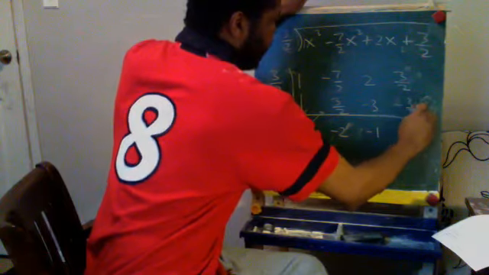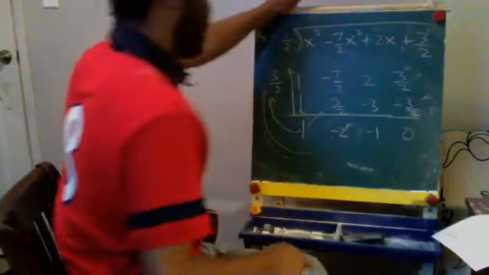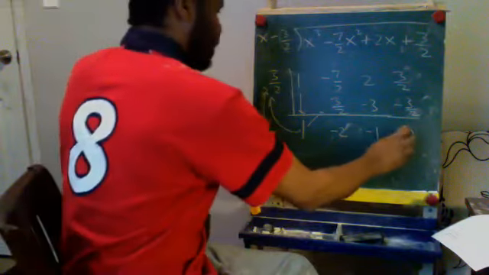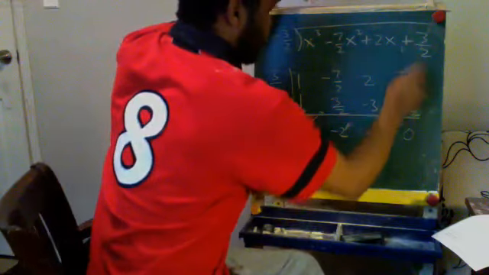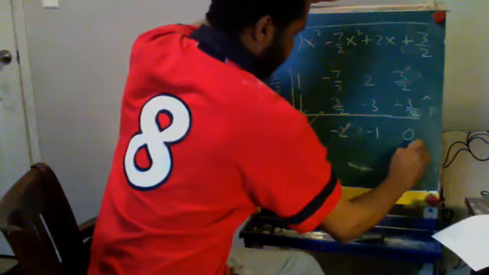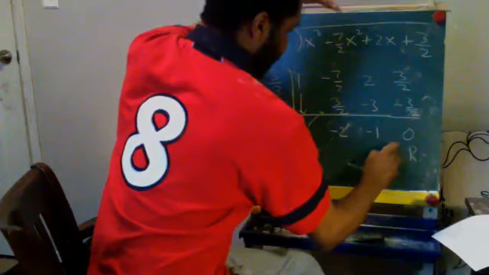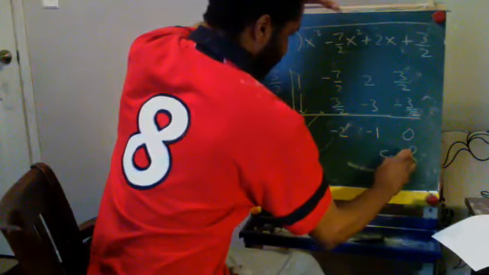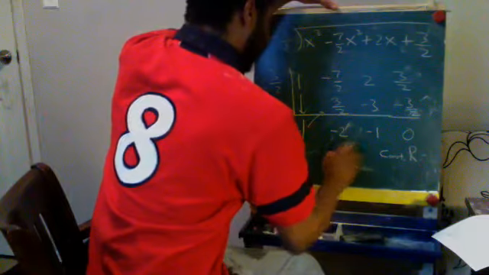So even though I'm working with fractions, my answers still come out nice. And that's my answer. This last value is my remainder, so my remainder is 0. This is going to be my constant term, this is my x term, and this is my x squared term.